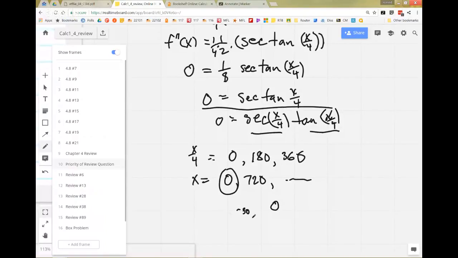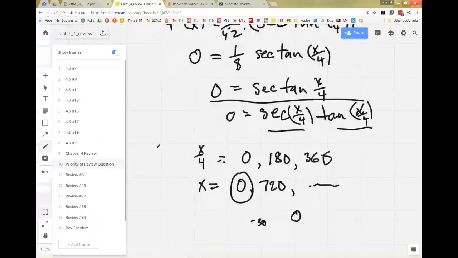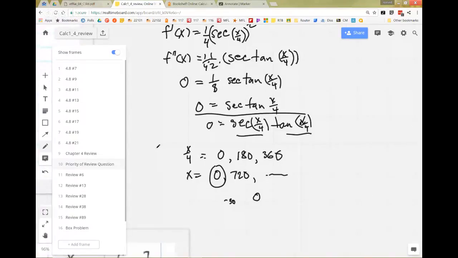And then go ahead and check the sign on either side, and then you can tell if it's concave up or concave down. So that would be the approach on number 42.